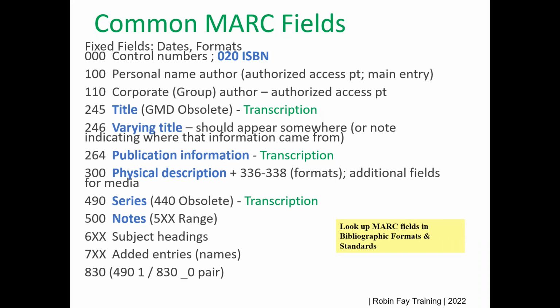If you are looking at a record and the title varies, then that's a question. How much does it vary? Is there a note, like title from spine or title from book jacket?